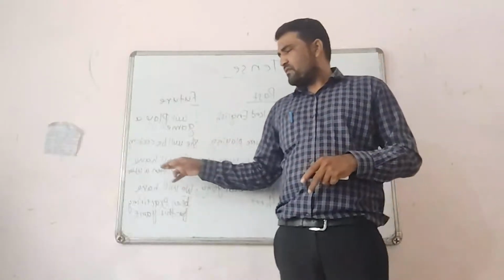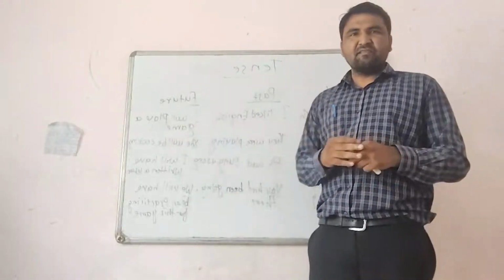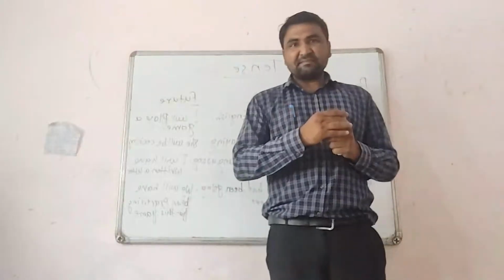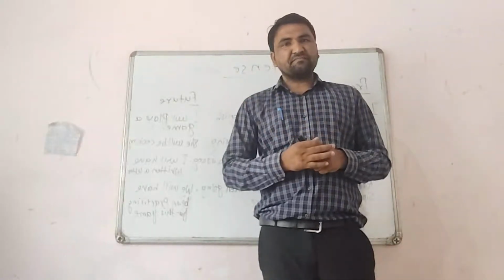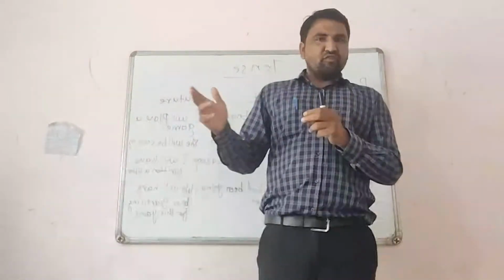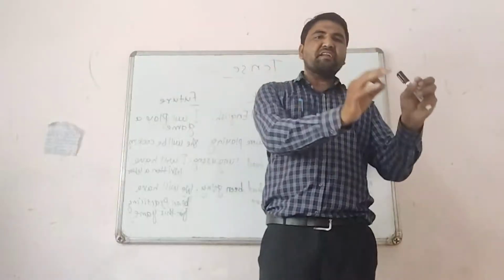Then we'll move to the next part, that is future perfect tense. My dear student, I just want to give you brief information regarding future perfect tense. What is future perfect? I have explained in a previous tense that perfect tense is nothing but an action that must be completed.